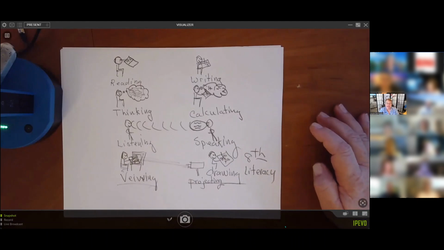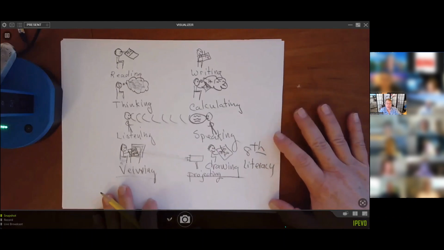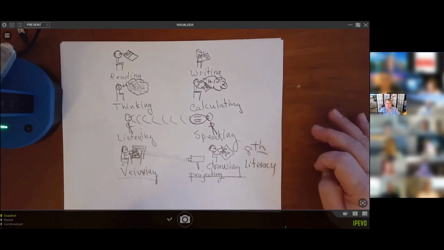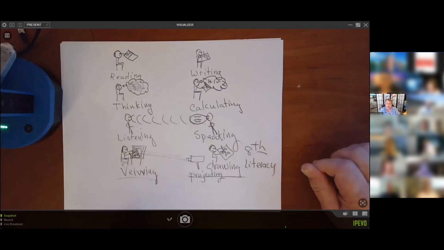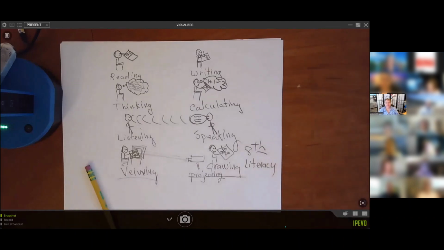This is the thing that we leave out at school. And it's the thing that many, many students need in order to be successful. Drawing taps into that hand-eye brain connection and actually creates mental images by doing it.